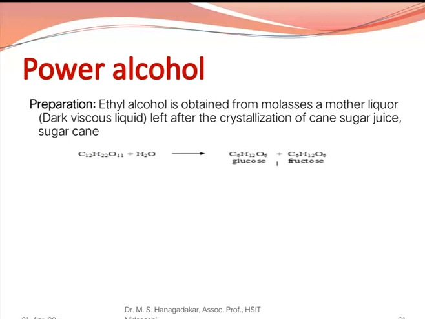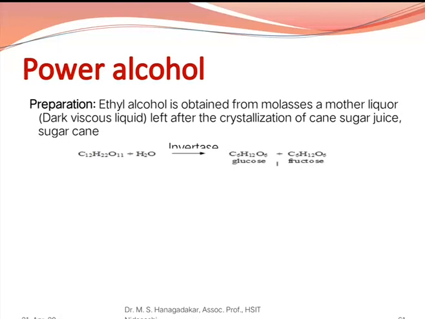As you know, molasses contains 60 to 70 percent of sucrose, which is first diluted with water, bringing the sugar concentration to around 20 to 30 percent, and then hydrolyzed in the presence of invertase enzyme.